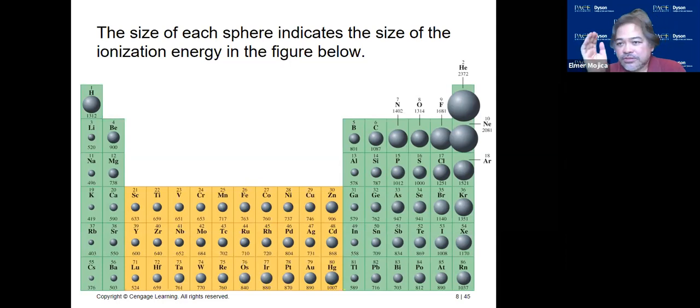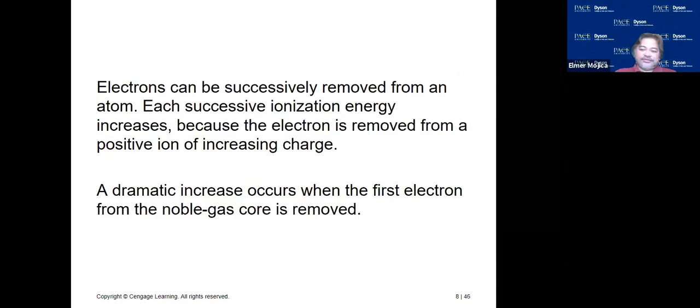Now, what if you're going to remove more than one electron? Because the first ionization energy is just the outermost electron. What if you're going to remove more than one electron? Okay, what do you expect to the energy that you're going to need?